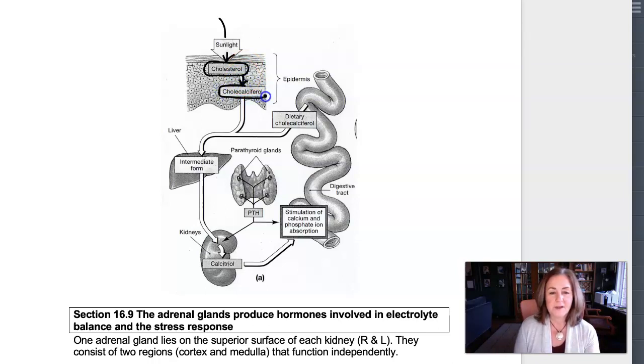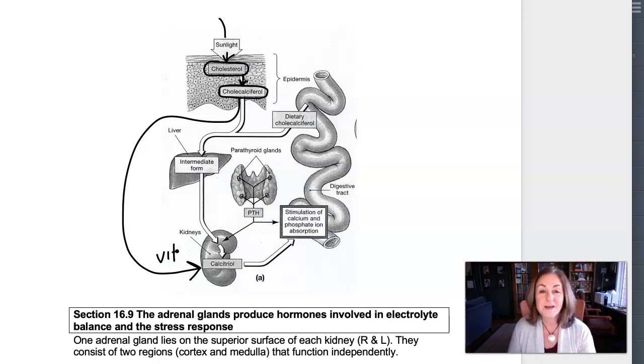Vitamin D3 is cholecalciferol. The reason that vitamin D3 is so important to us is because you need it to make this hormone calcitriol. This is analogous to how, in order to make T3 and T4, we need iodine. Here, in order to make calcitriol, we need vitamin D3.